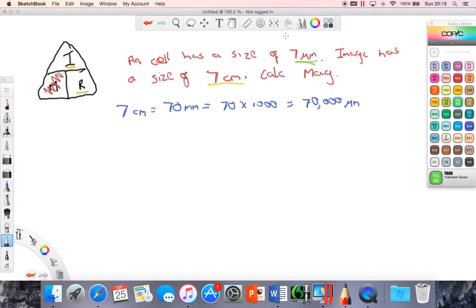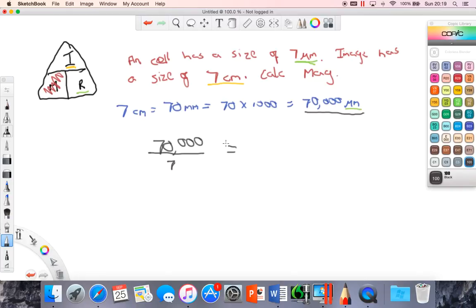Okay? So we've now got them in the same units. The real size is 7 micrometers, whereas the image size is 70,000 micrometers. So all we would need to do now, quite simply, is our image size, which we've changed into micrometers, 70,000, divided by the real, which is 7, to give us our magnification.